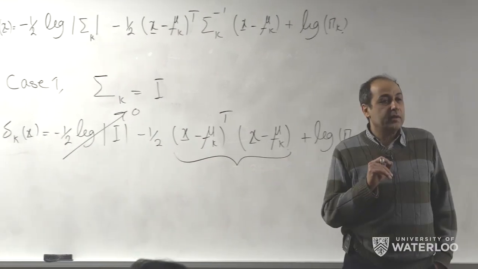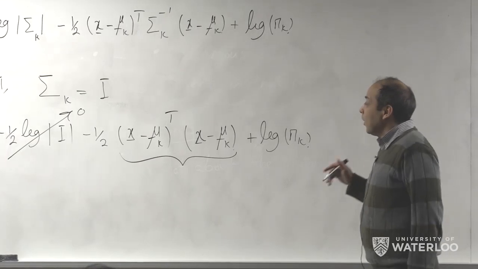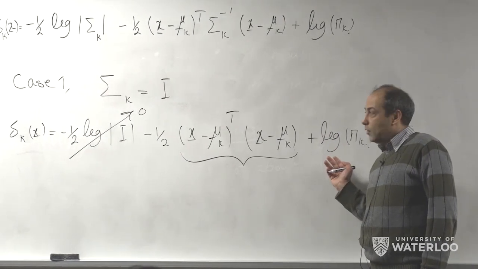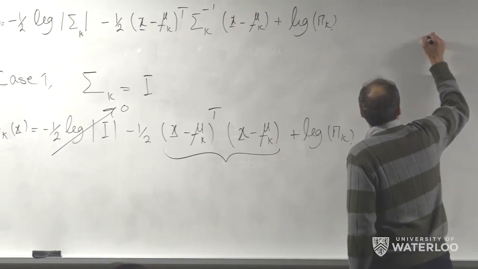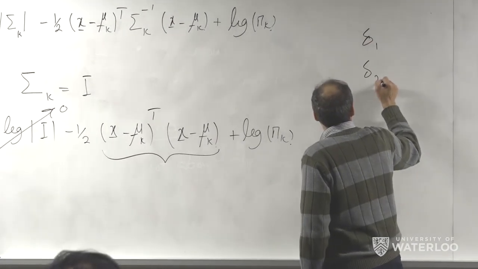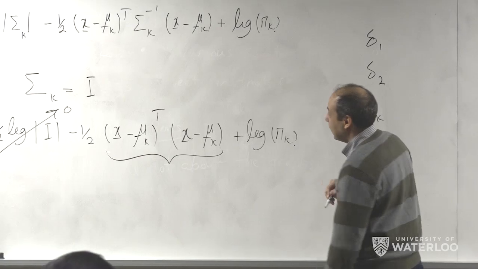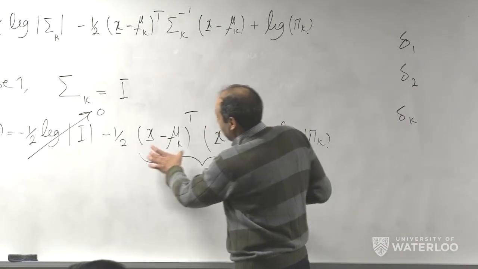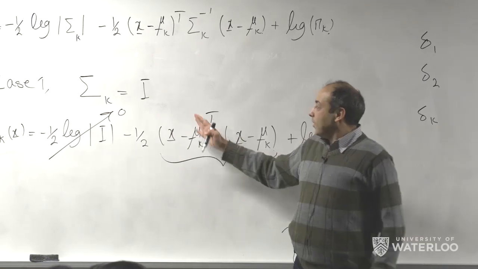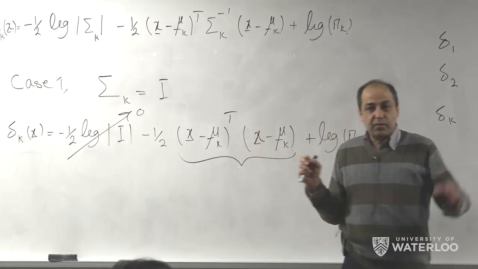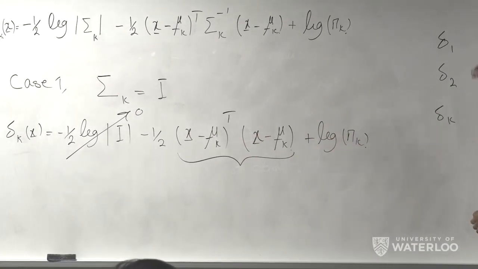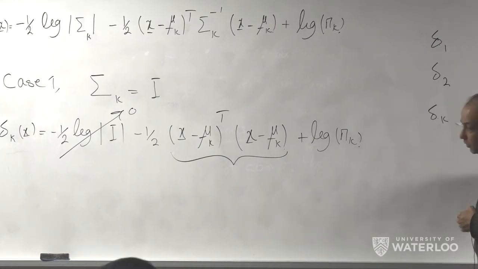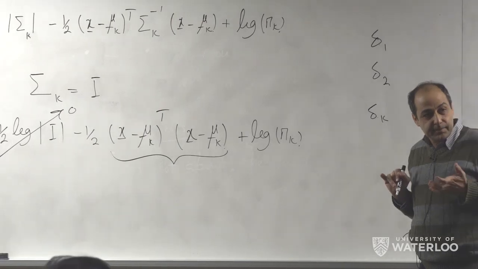So for the moment, assume all classes have the same prior. I'm computing delta 1, delta 2, delta k. In all of these, the first term is the negative of the Euclidean distance between that point and the mean of class 1, that point and the mean of class 2, that point and the mean of class k.